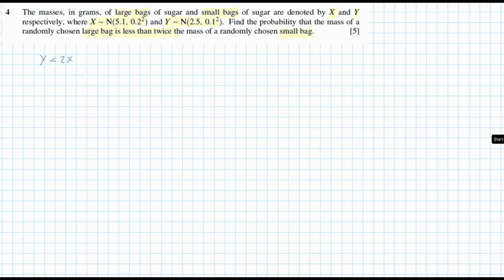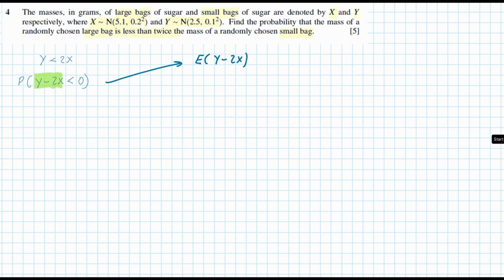And the way we can do this is we're trying to find the probability that Y take away 2X is less than 0, right? In other words, you get a negative number because the Y is smaller than the two lots of X. So that's what we're in essence trying to do here. But what we want to do is make up this distribution. So how we do this, we'll go E of Y minus 2X.